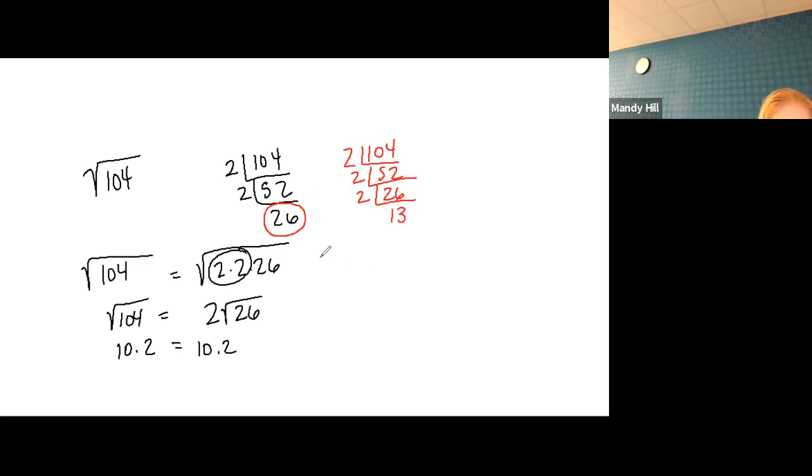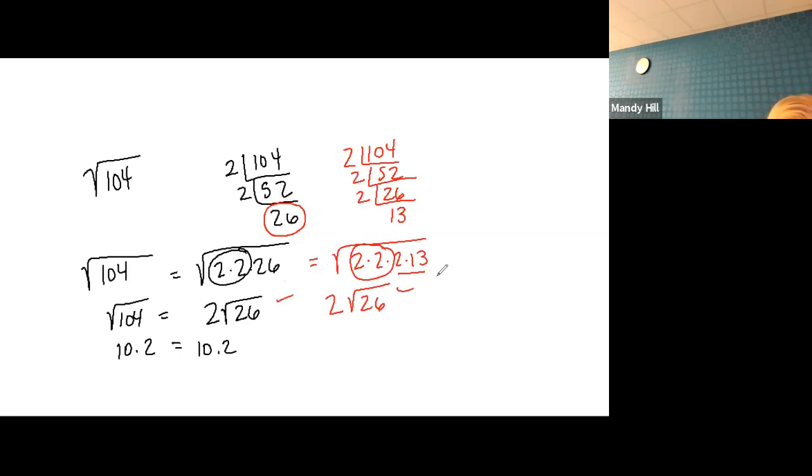So on this part right here, they would have gotten 2 times 2 times 2 times 13. They would have pulled out the pair of 2's, but these two didn't have a pair and they would have ended up with 26. So this is an example where they got lucky, right? Because it was possible that there would have been more pairs because they didn't keep going. Okay. But they ended up being correct. But you did catch the mistake, so that's good.